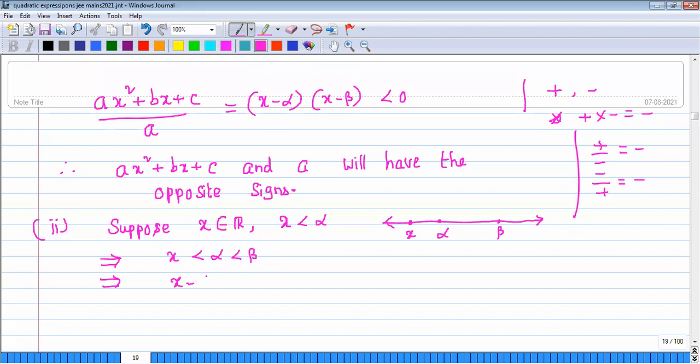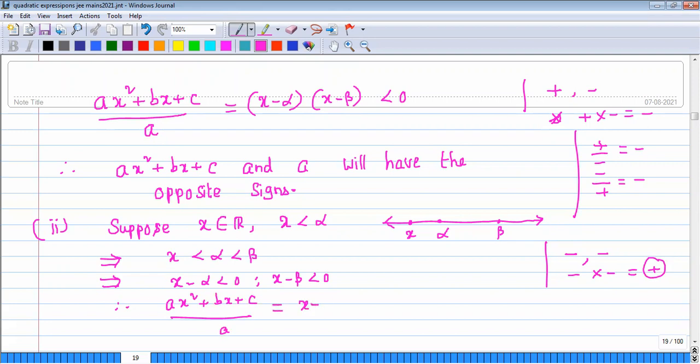X minus alpha is less than 0, x minus beta is also less than 0, which means x minus alpha is negative, x minus beta is negative, and negative into negative is positive. Therefore ax square plus bx plus c upon a is nothing but x minus alpha into x minus beta, which is greater than 0.